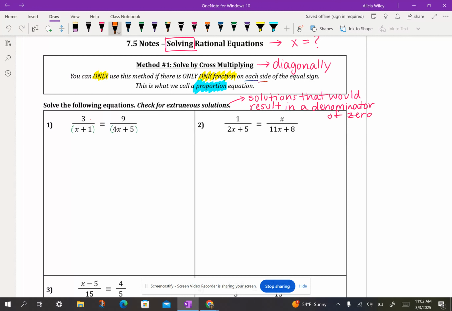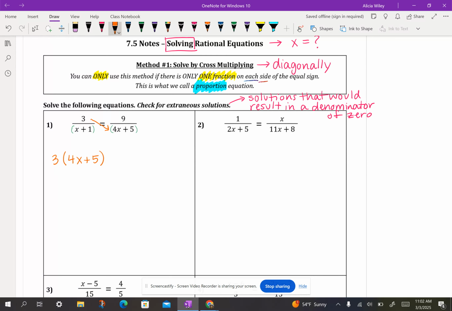I'm going to begin by multiplying diagonally the top numerator to the bottom denominator on the other side. So what does that look like? When you multiply, it's going to look like 3 times, there's my parenthesis, 4x plus 5.